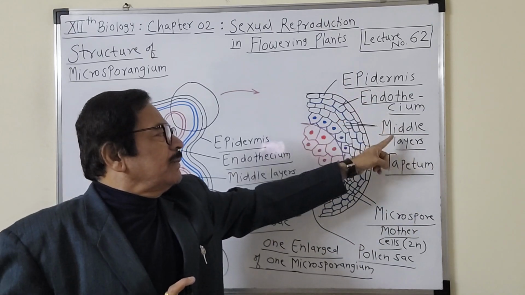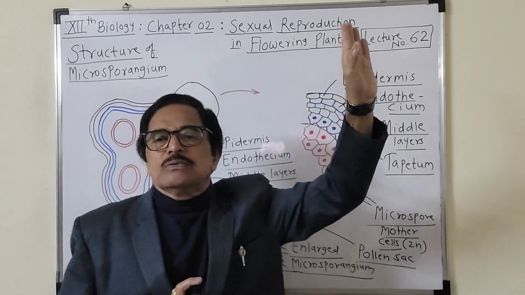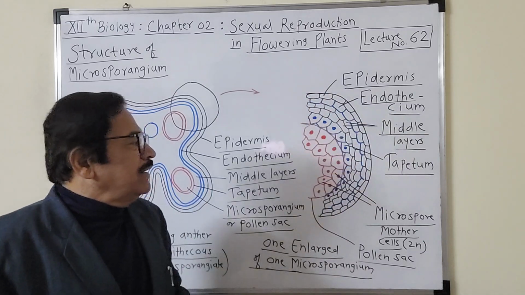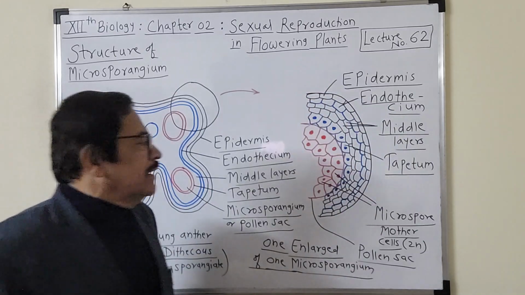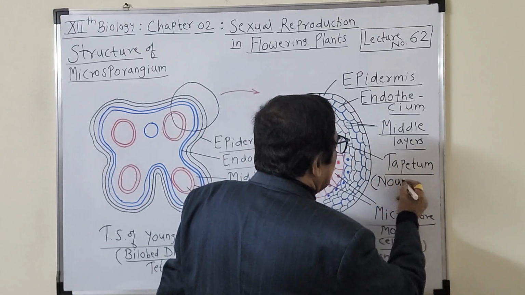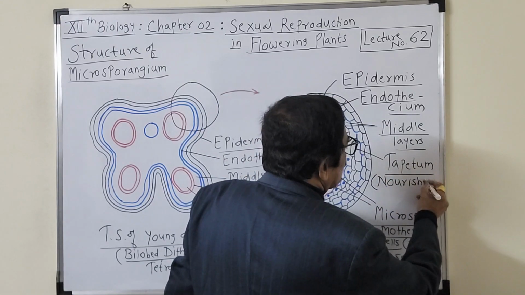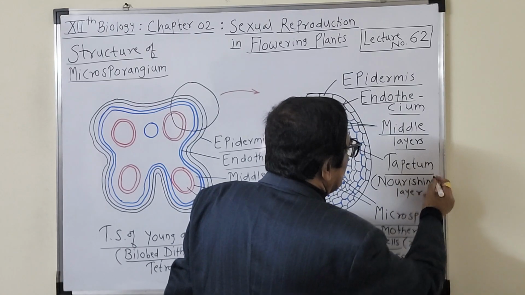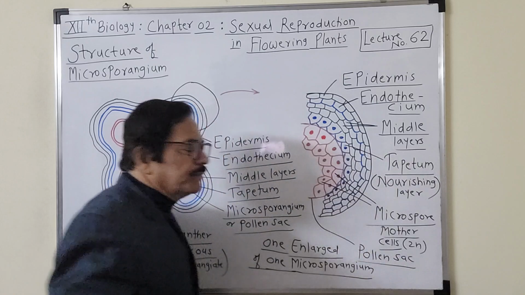Epidermis, endothecium and middle layers. They are protective. But the innermost tapetum layer is very, very important. This tapetum layer is a nourishing layer. So a nourishing layer of the pollen sac, the correct answer will be tapetum.